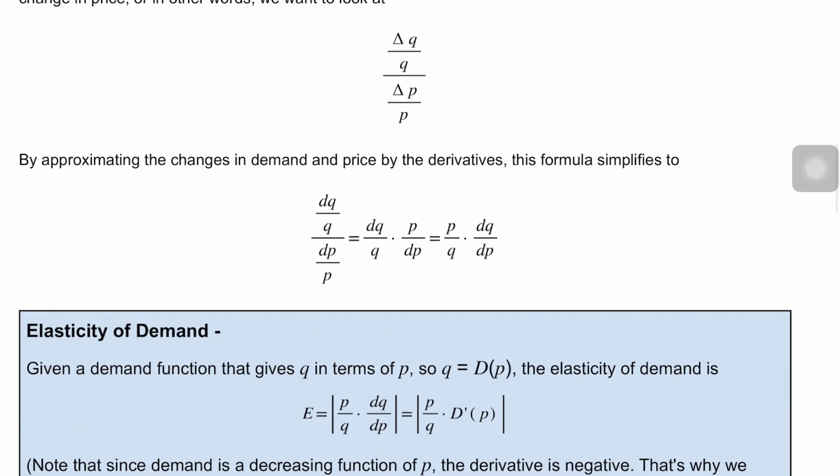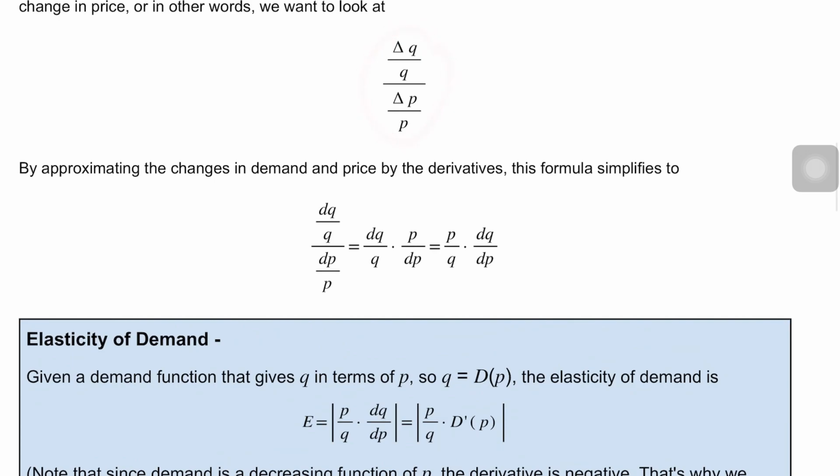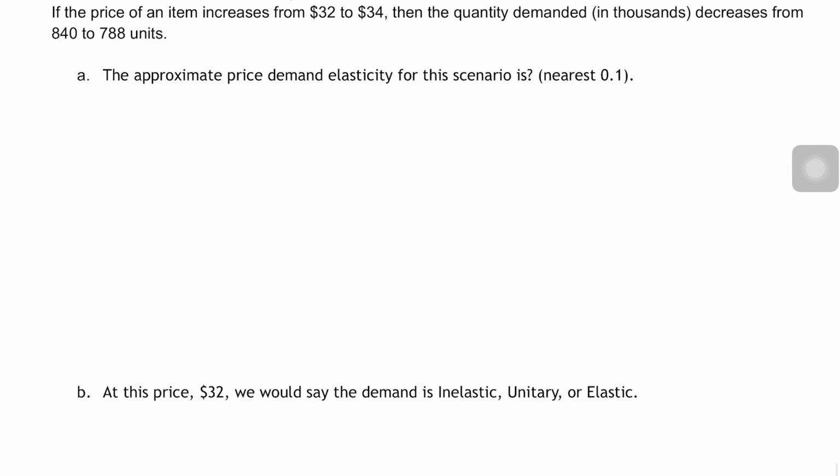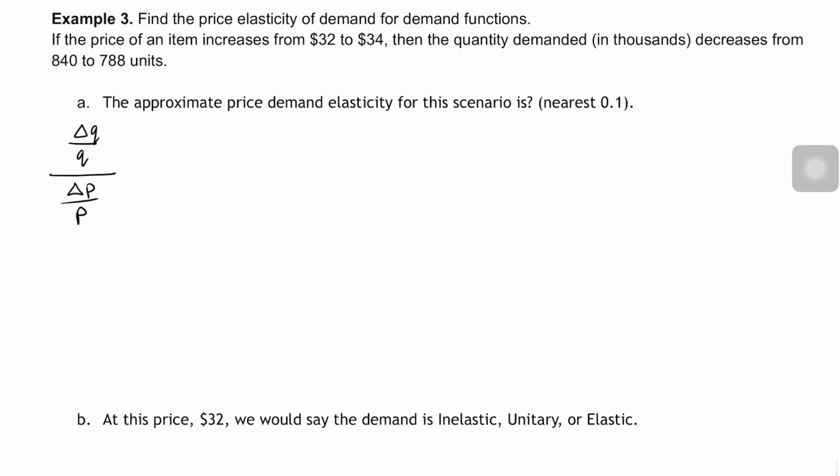In other words, we're using this. So I'm just gonna copy and paste it over here. What I'm saying here is we're doing change of Q over Q, all over change of P over P. And again, this is because we're not given the actual demand function, right? So let's figure this out.